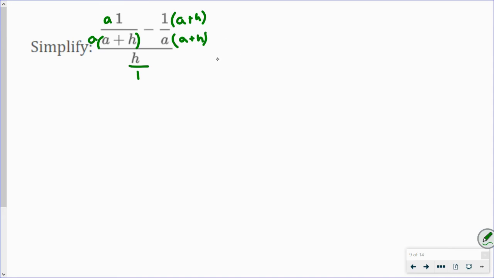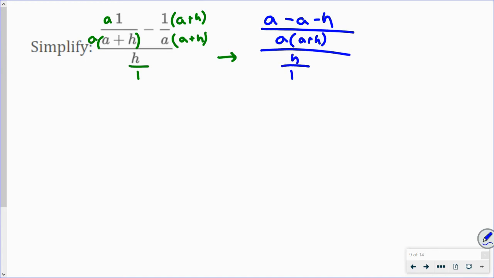Okay, so if I do the operation here on the top, I have a minus h. You have to distribute that negative into both. Over a plus h, over h over 1.